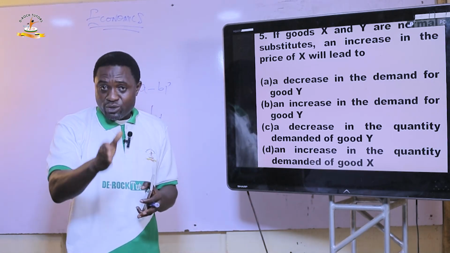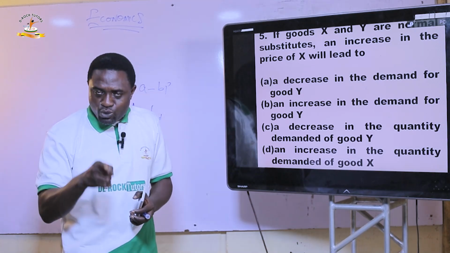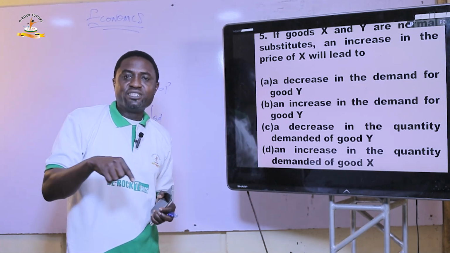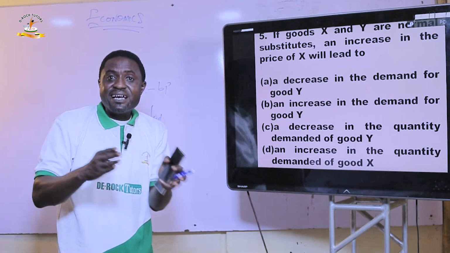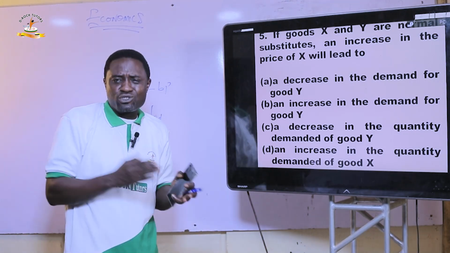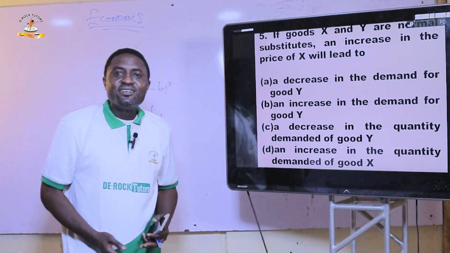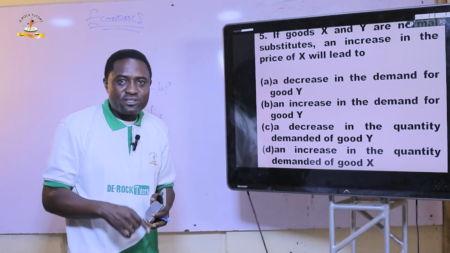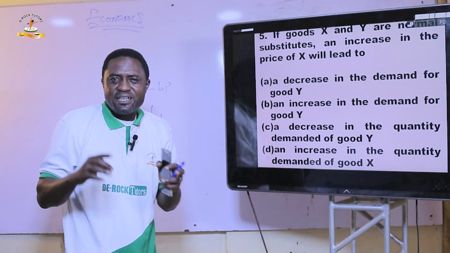You tend to buy fish when you get to the market, and they now tell you that the fish, instead of costing 10,000, is now 20,000, while the equivalent meat still remains 10,000. So instead of buying the fish at 20,000, you may decide that for now, I don't really have much on me, let me go for the meat that has a cheaper price.